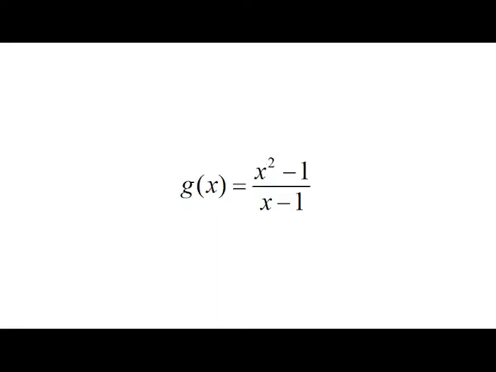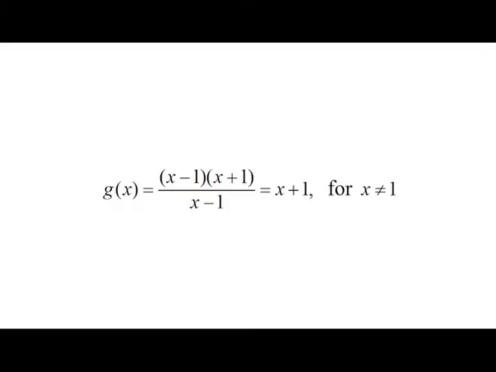As another example, let g be given by the formula g of x equal to x square minus 1 upon x minus 1 whenever the formula makes sense. Clearly, the natural domain of the given function is the set of real numbers except 1.